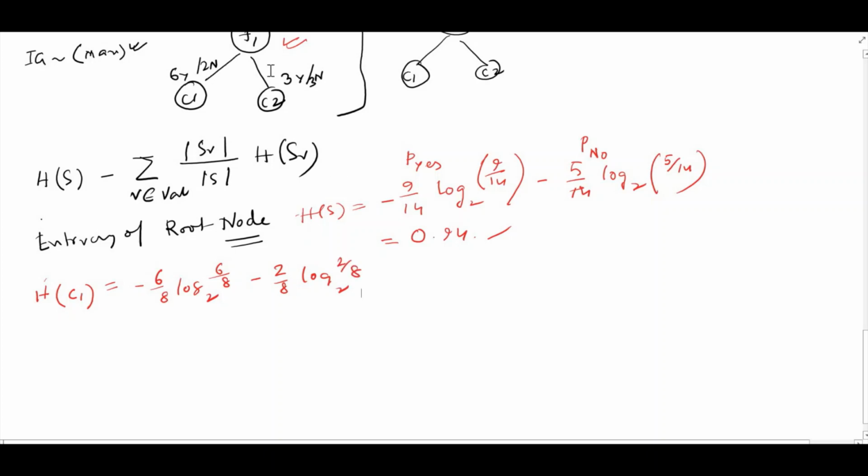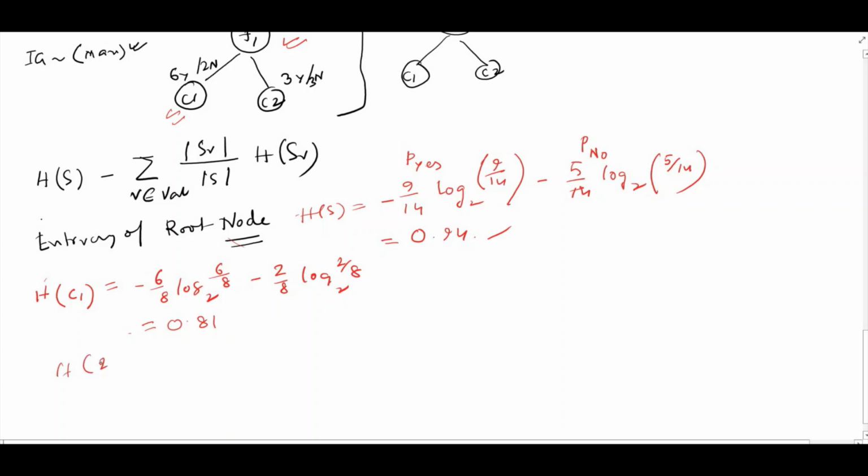You can understand why it's 6 by 8, because we are considering this one here, C1. So it will come to 0.81. If you solve it, you can check that.